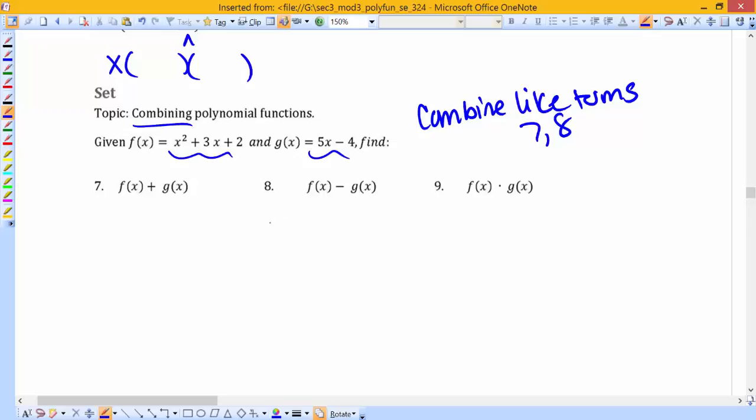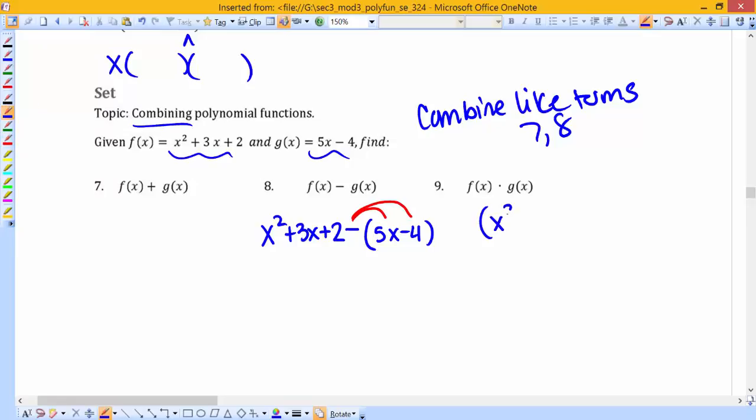Be careful in 8 though. I'm going to have my f of x, but I'm going to subtract the g of x. So g of x must go in parentheses. So now I have to distribute my negative. So please make sure you distribute to everything, then you can combine like terms. Now in 9, it says multiply.